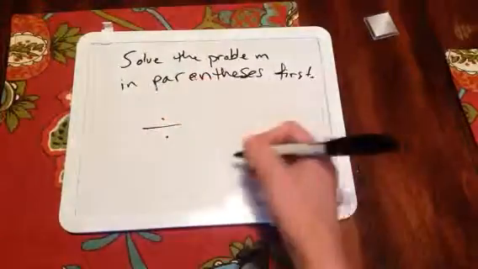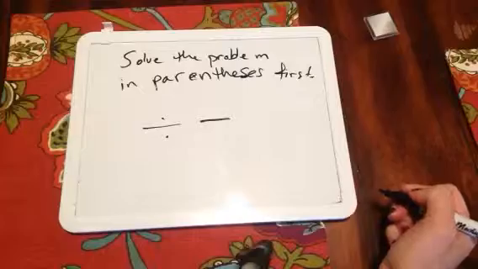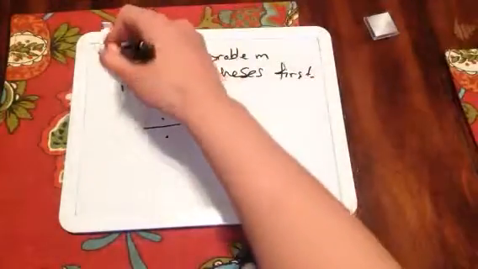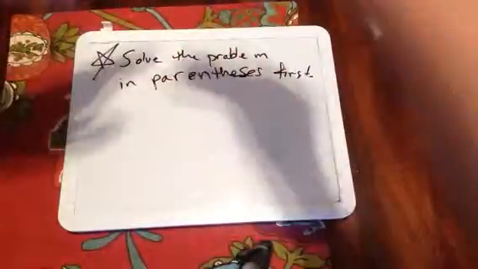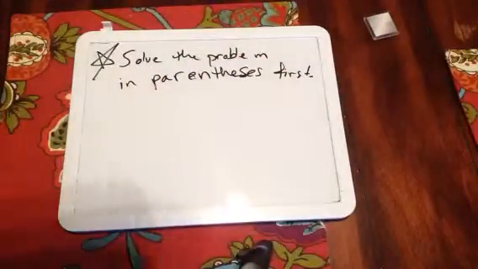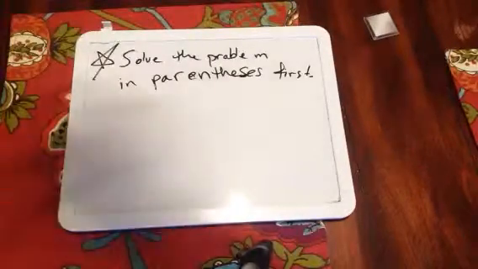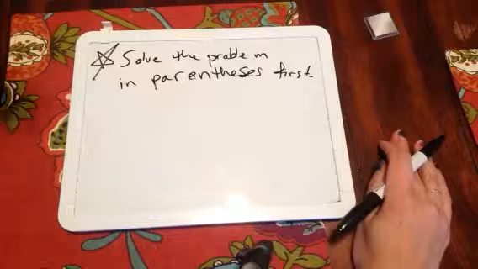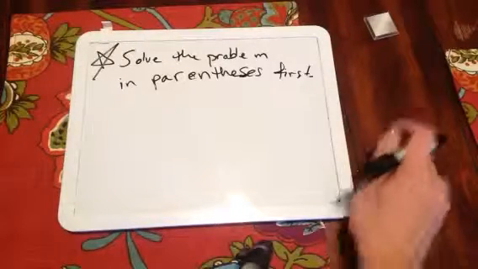You could do it for division and subtraction as well. But this is important, and also knowing that this is different when we are using all of the same operation, as you'll see in a moment when we move on to another lesson and we're using all of multiplication. All right, thank you very much. That's it.